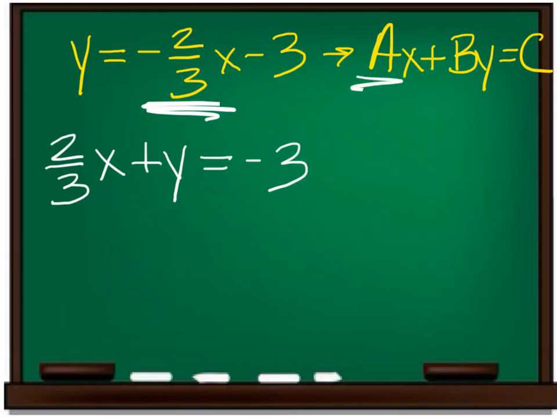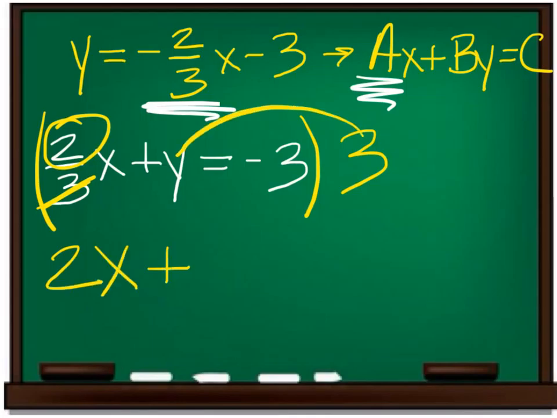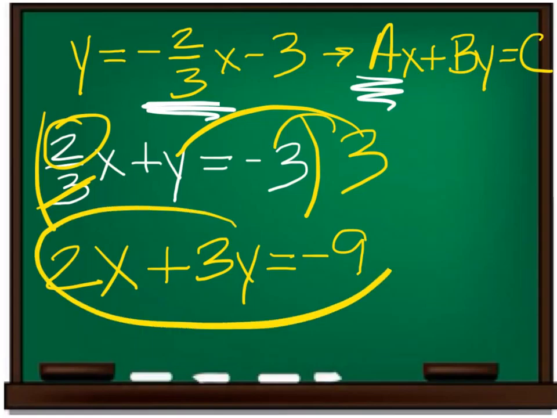The a term is positive, so there's no need to change the sign of everything. But there is a fraction. To get rid of the fraction, multiply everything by 3. When you do that, it cancels out this 3 in the bottom of that fraction. You're left with 2x plus 3 times y equals 3 times a negative 3. And there is your standard form.